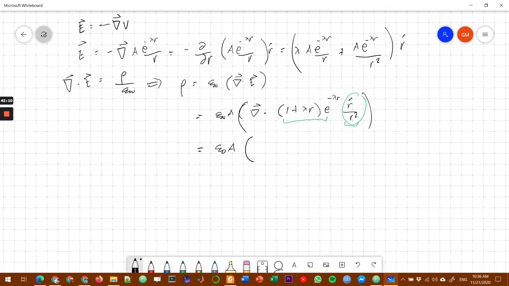So we keep constant the first term, 1 plus lambda r e to the negative lambda r. Then we have this, plus, since this is constant, we have r over r squared, and then we take this one.